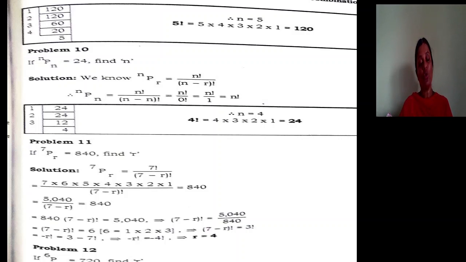So 3 into 2 into 1 is (7 minus r) factorial. 3 into 2 into 1 means 3 factorial. So (7 minus r) factorial is equal to 3 factorial. So 7 minus r is equal to 3, which gives r equal to 4. This is how to arrive at the answer.